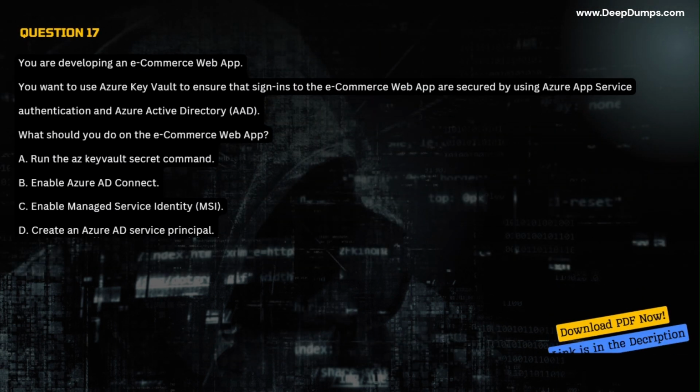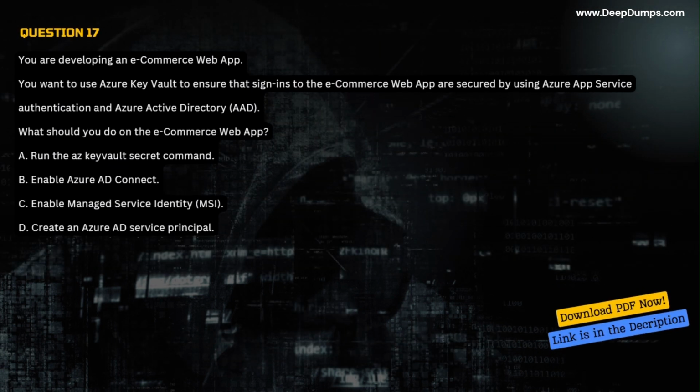Question 17. You are developing an e-commerce web app. You want to use Azure Key Vault to ensure that sign-ins to the e-commerce web app are secured by using Azure App Service Authentication and Azure Active Directory (AAD). What should you do on the e-commerce web app? A. Run the az keyvault secret command. B. Enable Azure AD Connect.